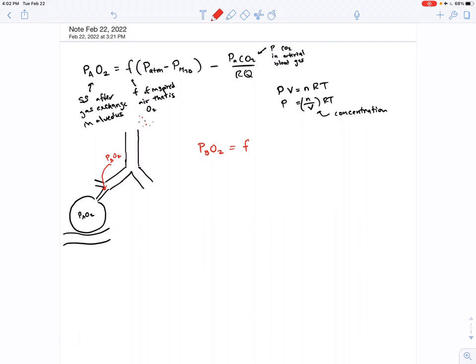It's also going to be related to the atmospheric pressure, or the atmospheric density, you could say, right? Because remember, concentration or density, N over V, is related to pressure. So the concentration of oxygen in our alveolus is naturally going to be related to what fraction of the inspired air is oxygen, and how dense is that inspired air? What is the concentration of the air itself? So these two parameters are going to be important.